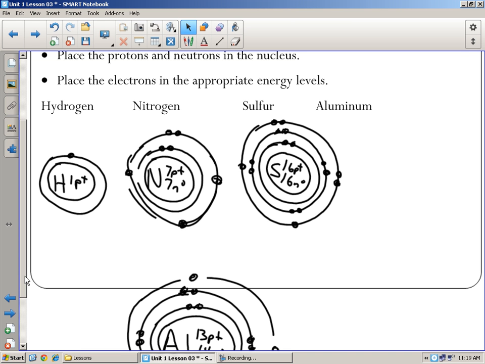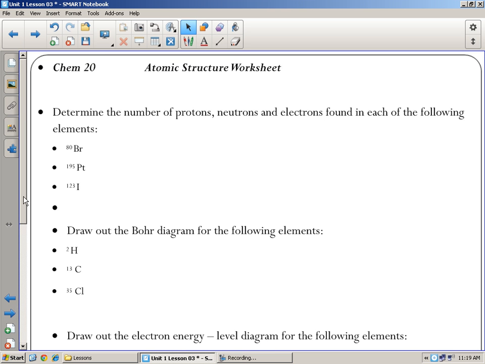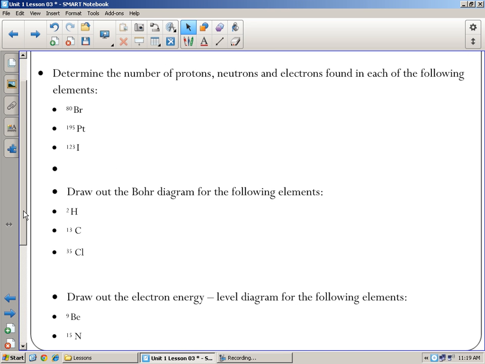Get it? Okay. Rings, and the guy's name's Bohr. I'm just explaining this to you. Bohr ring. Okay.